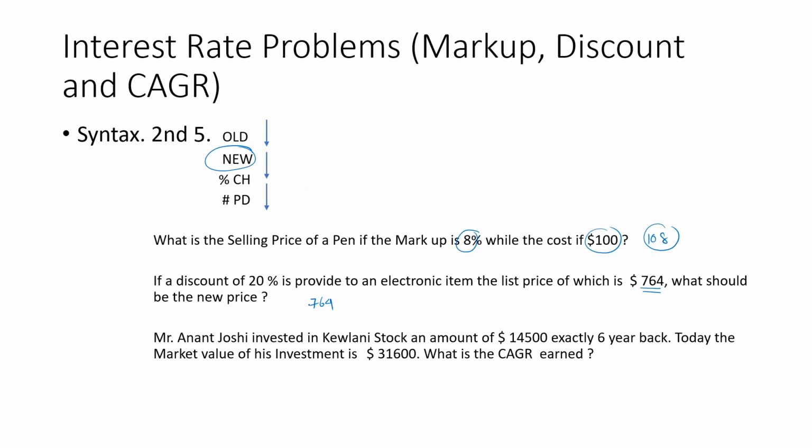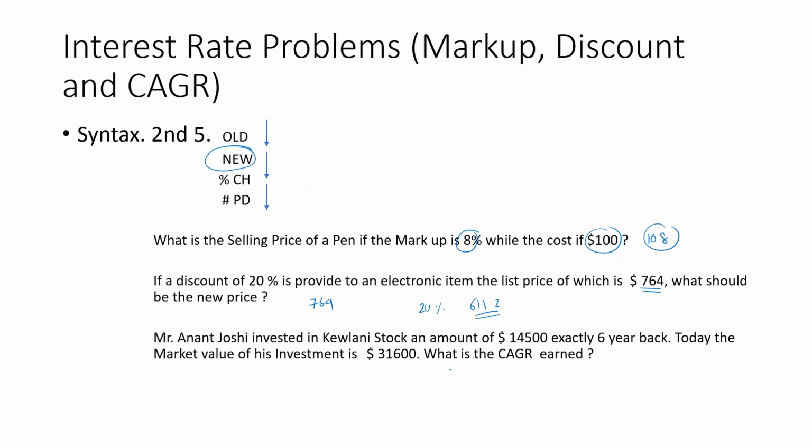Put 0 or leave it as it is. Don't tamper with it. Come to the down key again and you will see percentage change. In percentage change, I want you to provide 20%. You write 20 and with a minus sign, 20 plus minus. Okay. And press the down key again. Leave the PD as it is, press the down key again, press the down key again. You will come back to new and say CPT. 611.2. Okay.